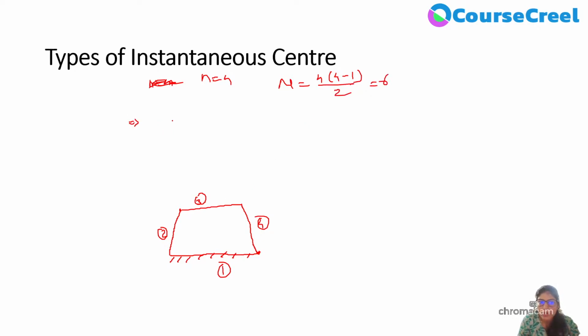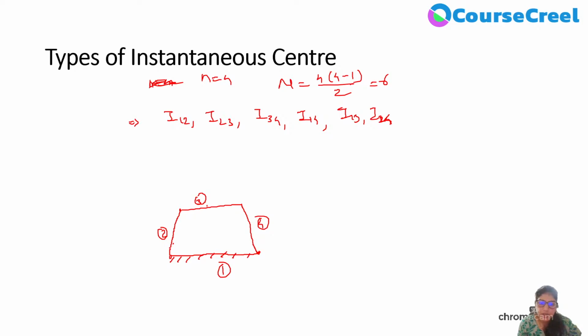Total instantaneous centers: for 1 and 2 it will be I12, for 2 3 it will be I23, for 3 4 it will be I34, and for 4 1 it will be I14, and the other two combinations are 3 and 1, so I13, and 2 and 4, so I24. So we have defined 6 instantaneous centers. Now how will we locate these 6 instantaneous centers?